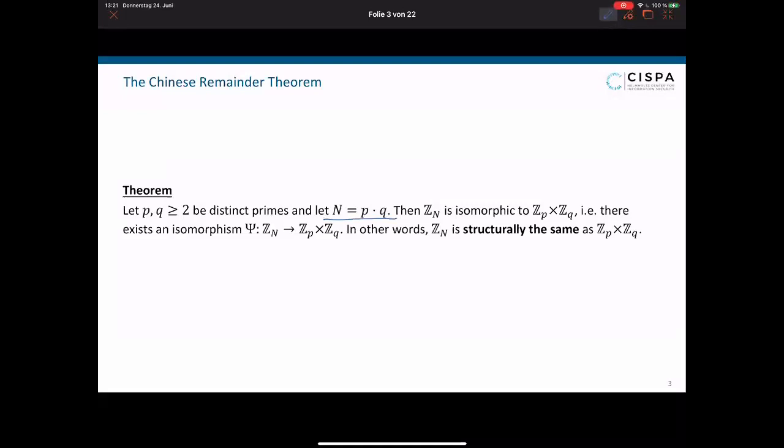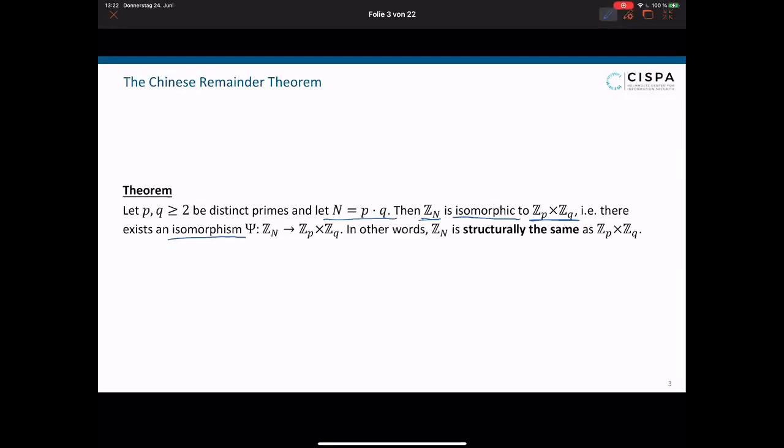Then it says that Zn is isomorphic to Zp times Zq, to the direct product of Zp and Zq. That means, what does it mean to be isomorphic? There exists an isomorphism from Zn to Zp times Zq.